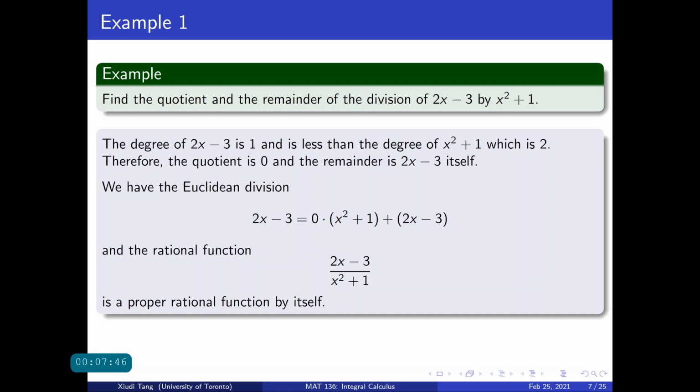So the quotient is 0, and the remainder is 2x minus 3 itself. The Euclidean division is written as 2x minus 3 equals 0 times (x squared plus 1) plus the remainder 2x minus 3. And you see the rational function would be 2x minus 3 divided by x squared plus 1. So it's already a proper rational function, so there's no polynomial part.